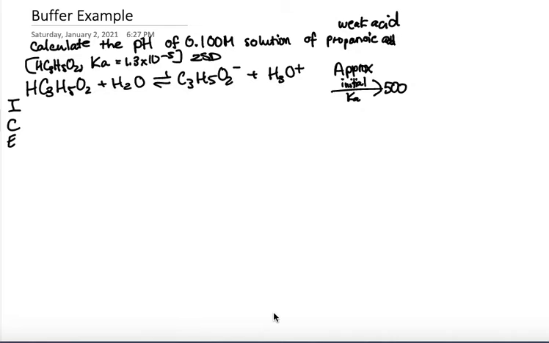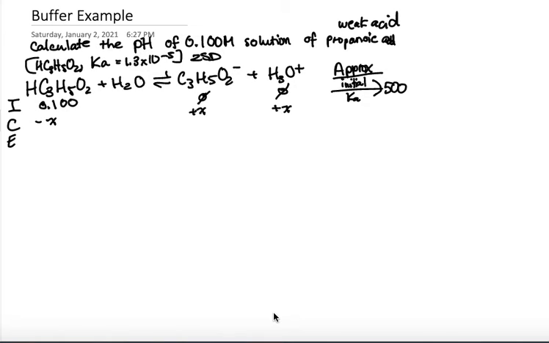So we initially have 0.100 moles per liter of our propanoic acid, and we do not have any of its conjugate base or hydronium yet. There's a change that's happening to establish equilibrium, as denoted here, and we want to see if we can use the approximation method that will tell us about X if we can assume that it doesn't affect the initial concentration of our acid.